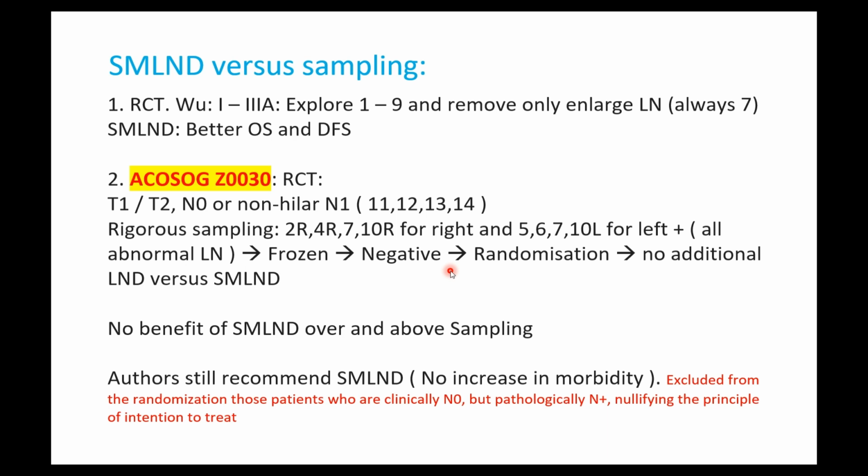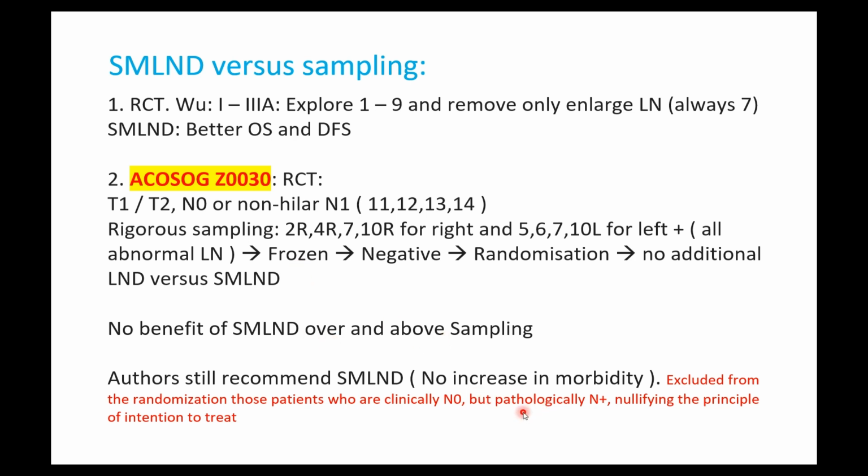If the sampled nodes were negative on frozen section, then the patients were randomized: no additional lymphadenectomy, or proceed with the conventional gold standard of lymphadenectomy. So after such rigorous staging, pathologically node positive patients are excluded from the randomization. So the basic concept of intention to treat is lost.